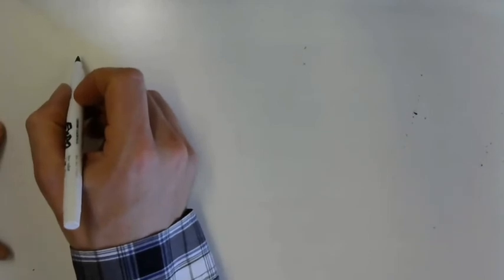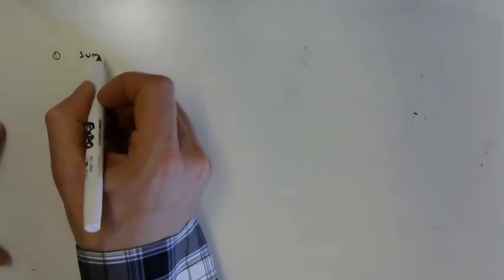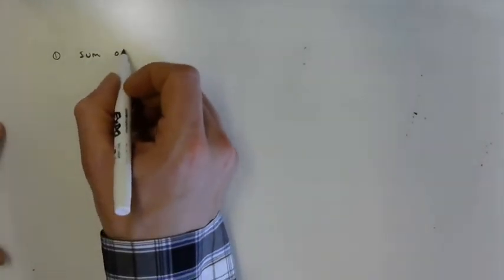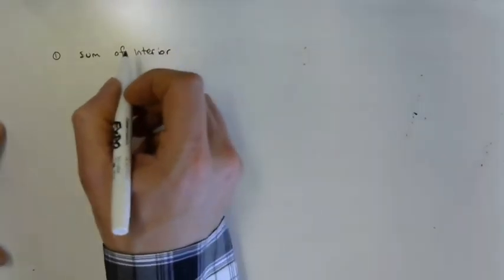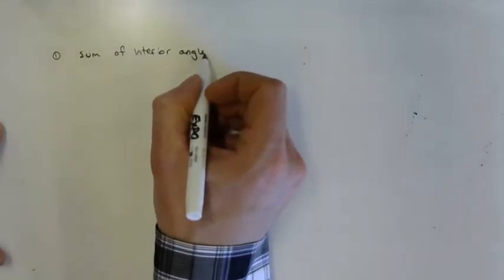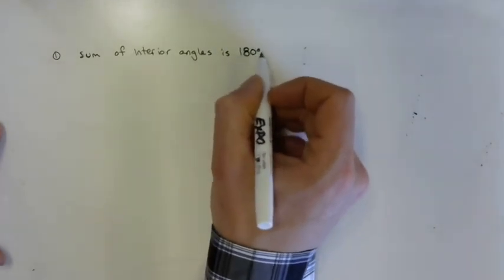Okay, any triangle, what's an easy rule? The sum of interior angles. So rule number 1, if you're looking for angles and you already have 2 of them, it's really easy. The sum of interior angles is 180 degrees.